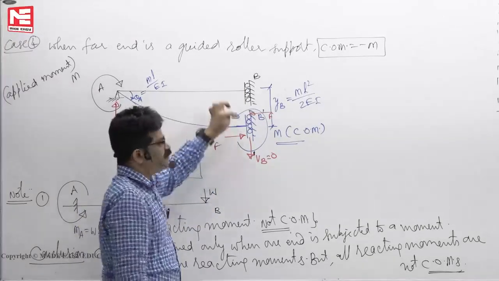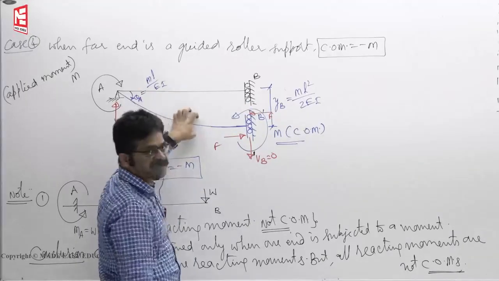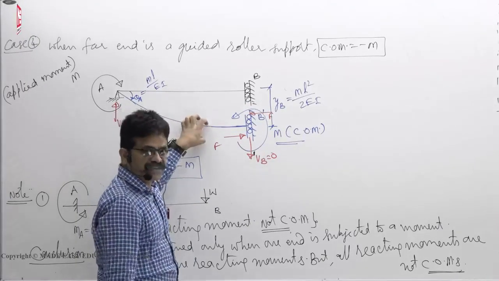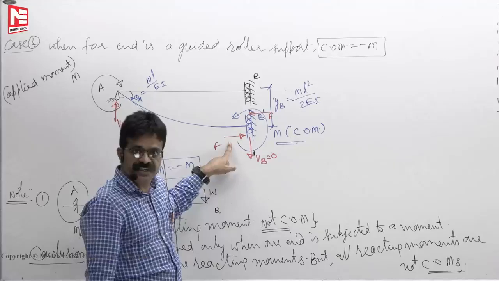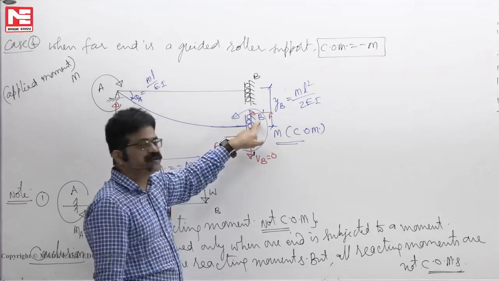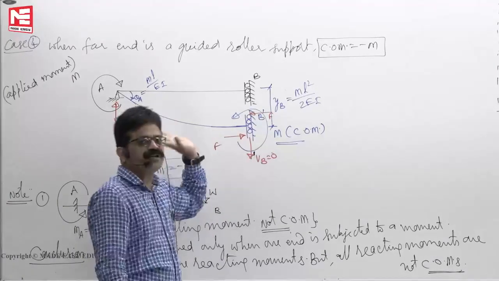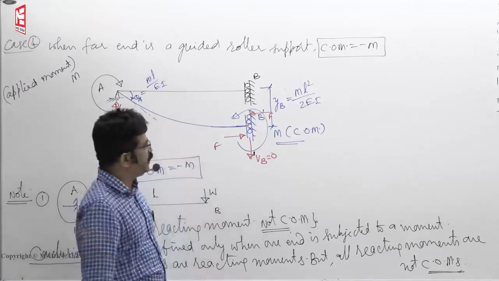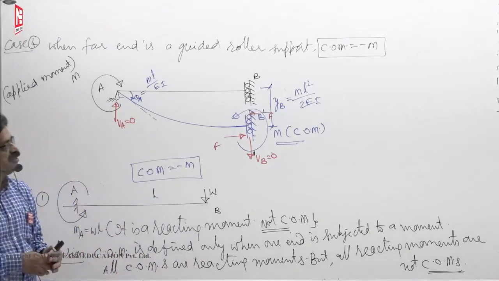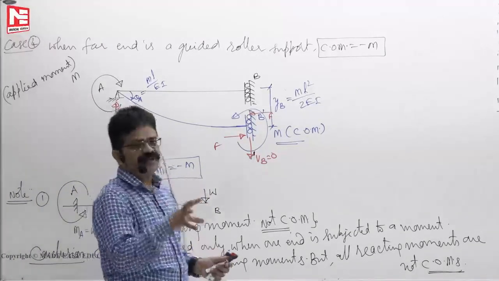So that's why it is called the free body diagram of the beam, because on the beam, what the flange of the channel is doing you have shown, what the ground or wall is doing on the beam you have shown. Okay, so this is the behavior of the guided roller supports.